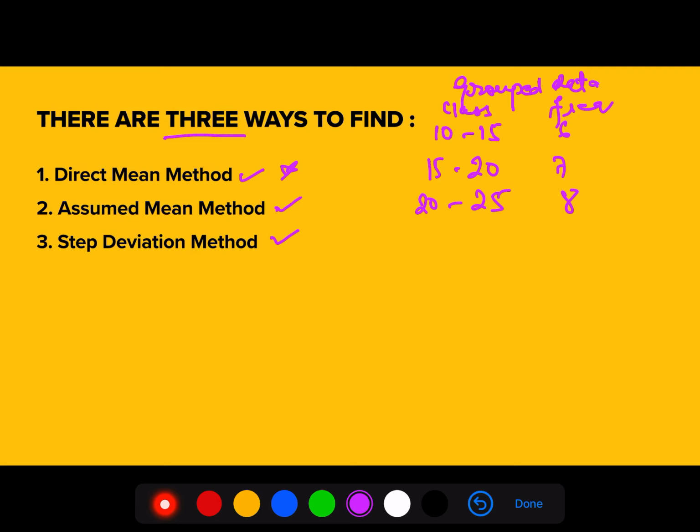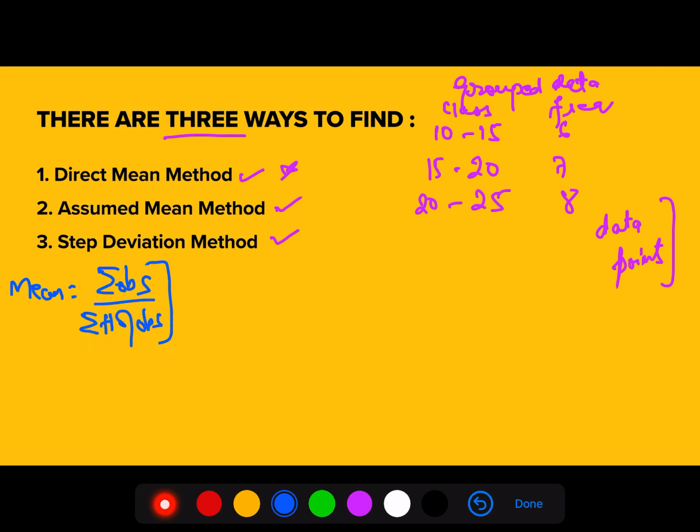Now, the problem with grouped data is that we don't know the exact data points. If we knew them, it would be very easy, because the basic definition of mean is the sum of all the observations divided by the number of observations.